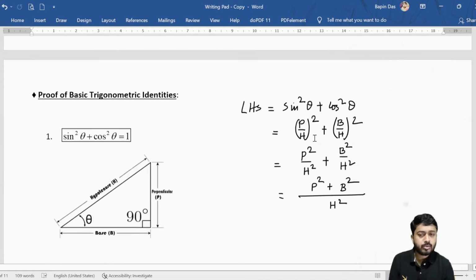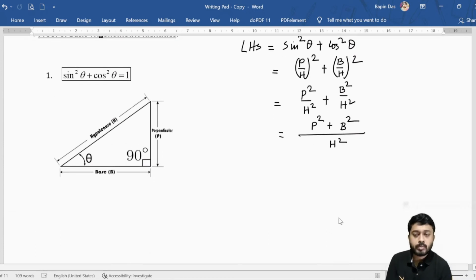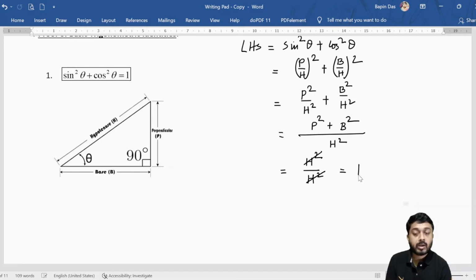Yes, that is true. So in place of p square plus b square we can write h square, isn't it? h square by h square. h square cancels h square, so what remains? 1 remains, okay? LHS is equal to RHS, yes, we have proved it. LHS is equal to RHS, that is sin square theta plus cos square theta equal to 1.